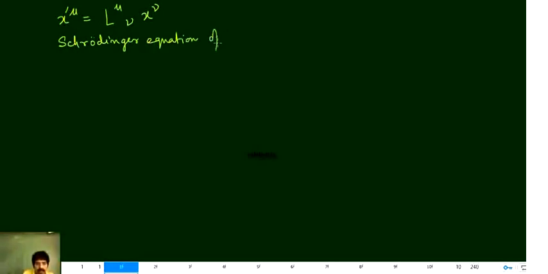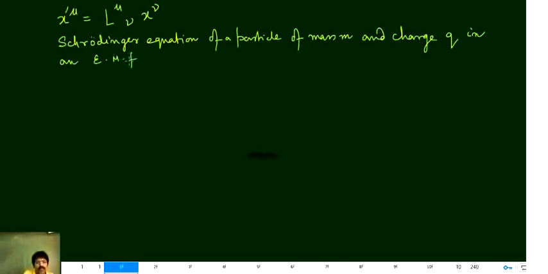Equation of a particle of mass m and charge q in an EM field described by the scalar potential V(r,t).